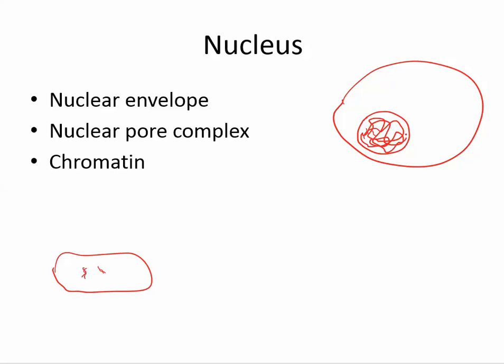There are a bunch of them, and they're filling this up. And so unless the cell's about to divide, you don't see them as what we're typically used to seeing as chromosomes that look like this. That's a chromosome that's very dense and getting ready to divide. Usually they're unwound and they look like this, and so we call that chromatin.